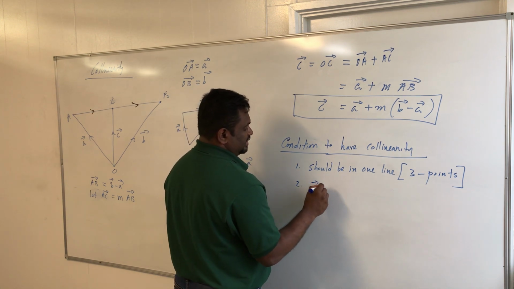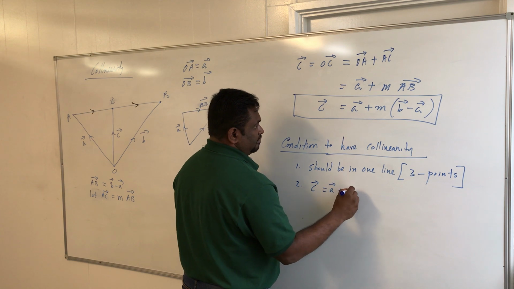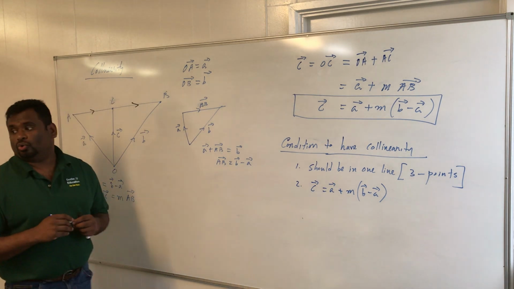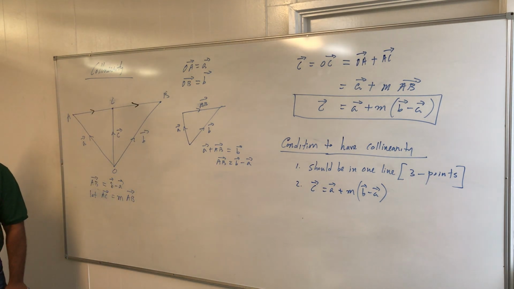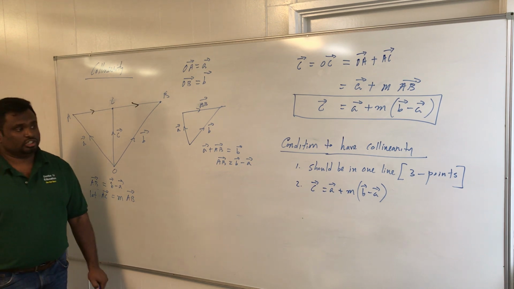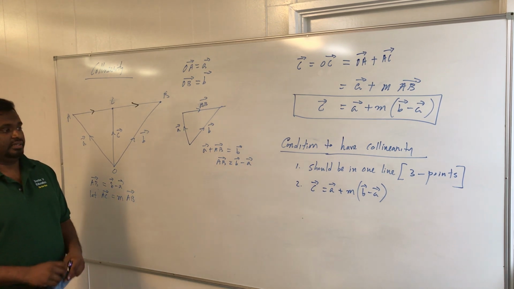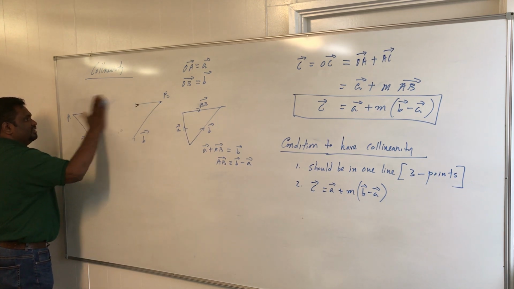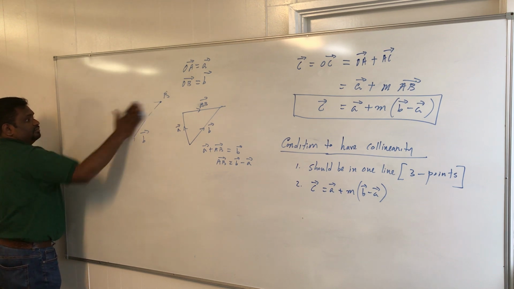This condition should be satisfied: C is equal to A plus M times (B minus A). Now you might think whether you need to remember this. No, I never remember it. No one can remember these things. You should have the skill to get it very quickly. This is a very simple diagram here. Make sense, everyone? So this is the condition to have the collinearity, the 2 conditions. Now let's go to the dependency and independency and have a little bit of chat there.